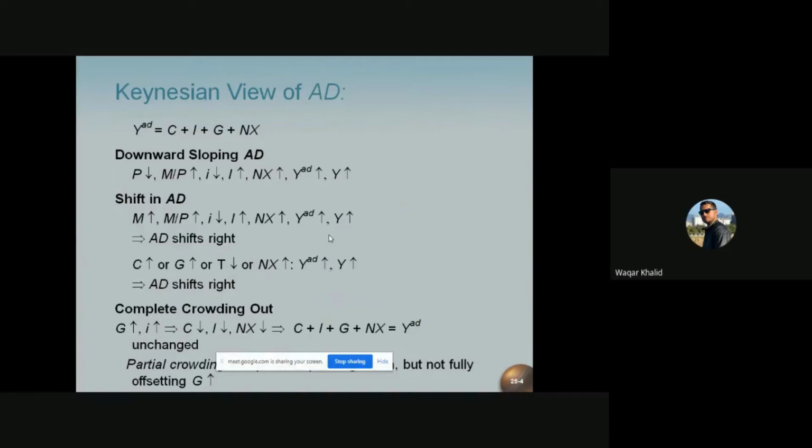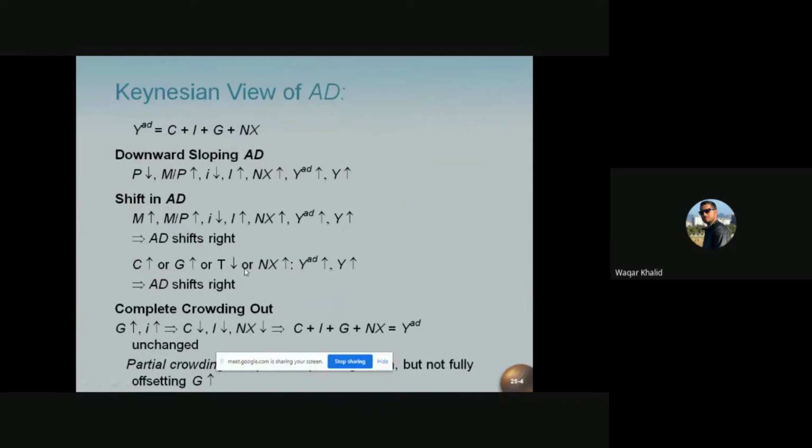For example, if government spending rises, if G rises, or if net exports increase, NX increases, so aggregate demand rises and the aggregate demand curve shifts from the original position to the right. Or simply you can see here, if C increases, consumer spending increases, or if government spending increases, or government taxes decrease, or net exports increase.